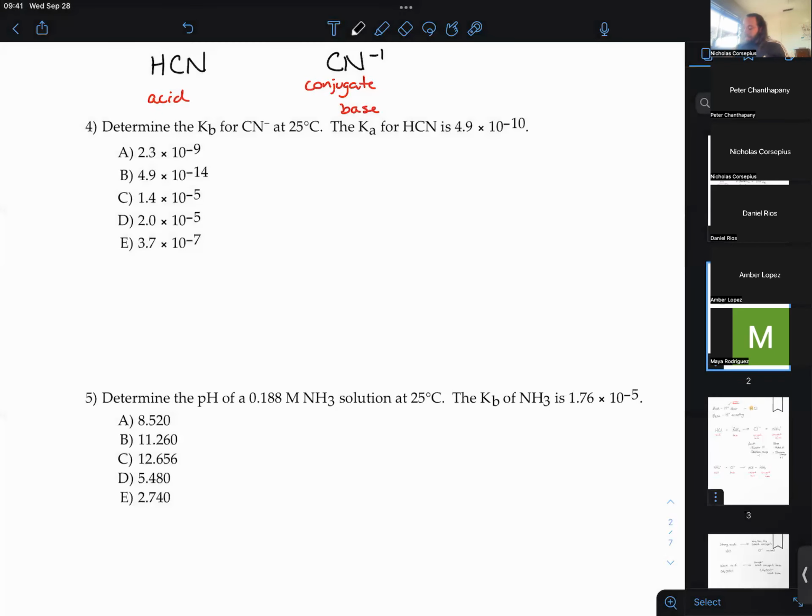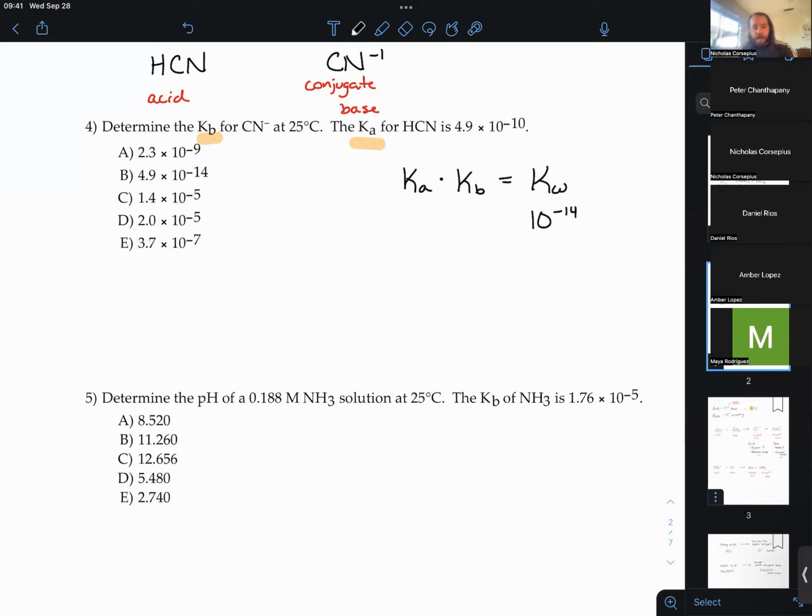All right. And there's this relationship between Ka and Kb, right? The Ka of an acid and the Kb of its conjugate base. That goes to our autoionization relationship. Ka times Kb is equal to Kw, that 10 to the negative 14. So that autoionization relationship, creeping back again.